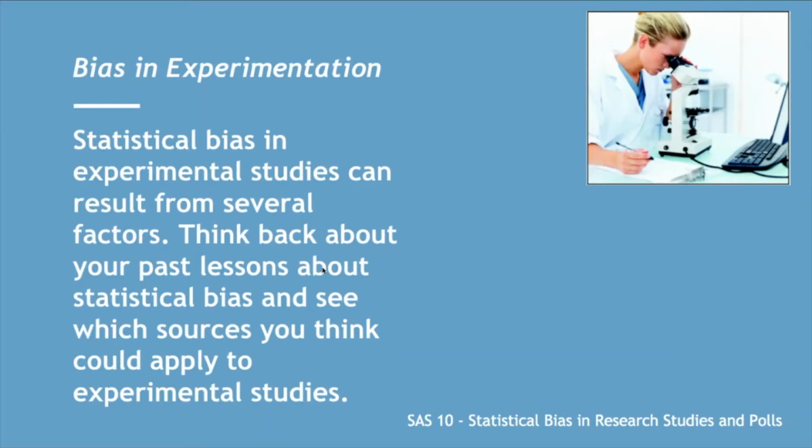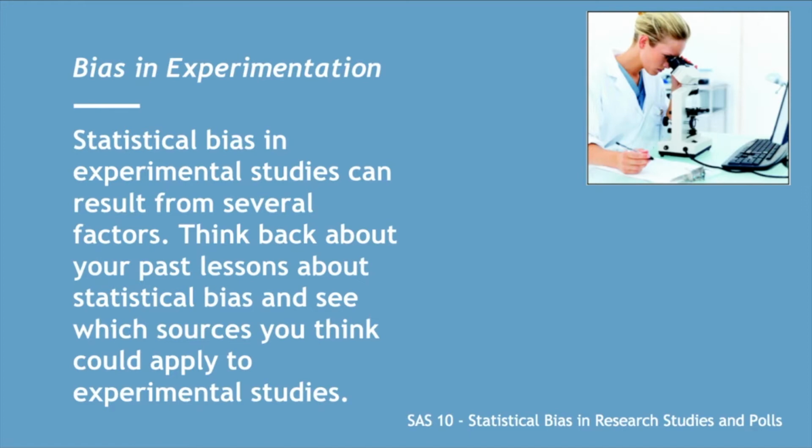Bias in experimentation. Statistical bias in experimental studies can result from several factors. Now let's think back about the past lessons about statistical bias and see which sources you think could apply to experimental studies. We talked about how the researcher could have a foregone conclusion and omit undue stuff like that, or maybe someone in the control group doesn't know they're in a control group, or is getting a treatment that's actually not a treatment.